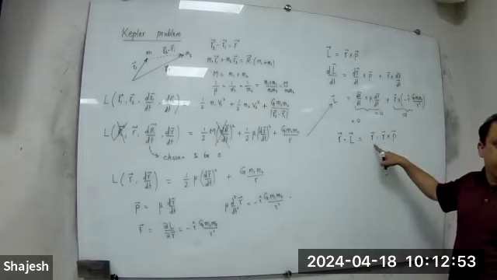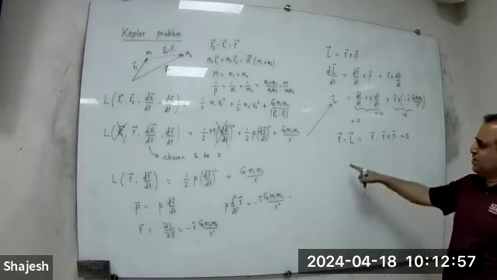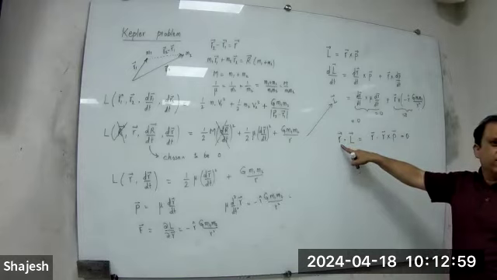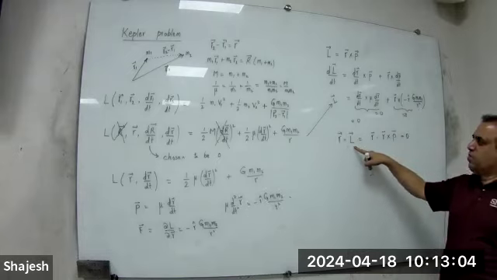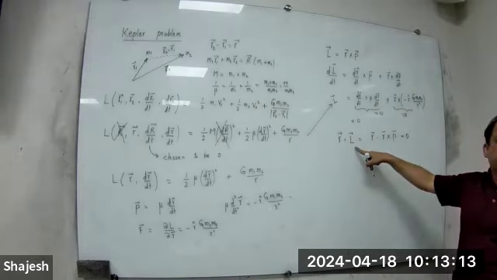So this will always be perpendicular to that. So that's equal to 0. What that means is that wherever that object is, it will always be perpendicular to that. So this is r1 minus r2, remember, this is vector r. This will always be perpendicular to L.